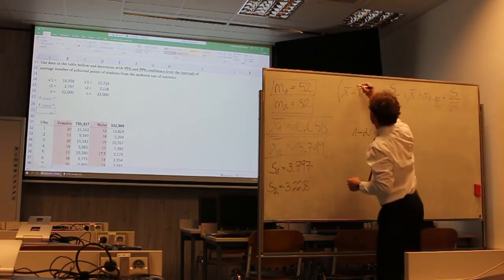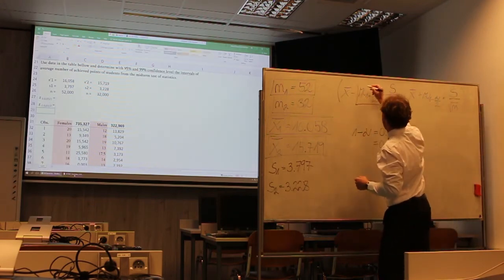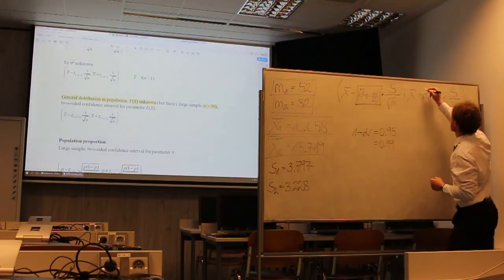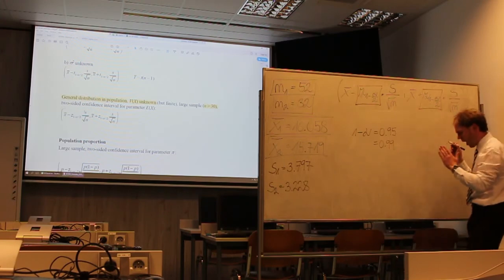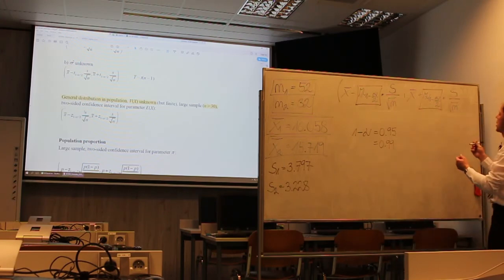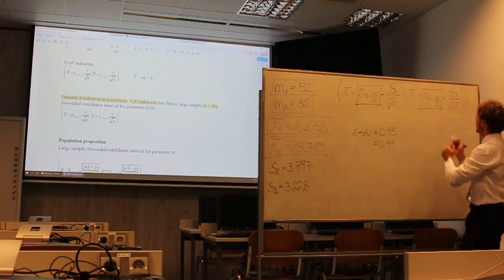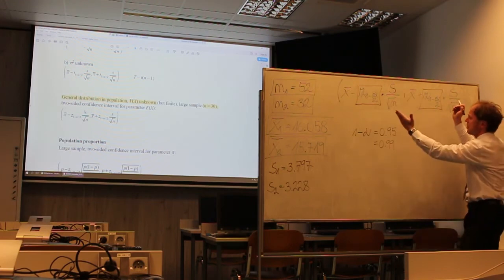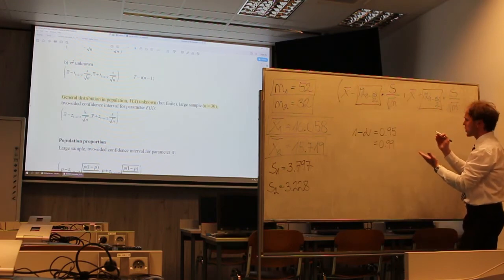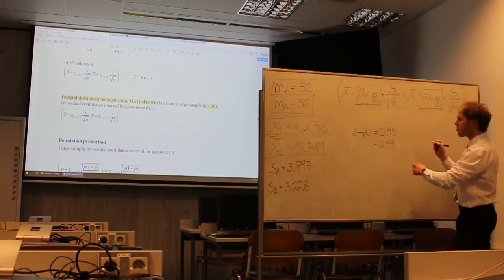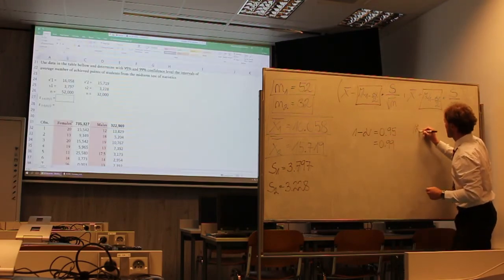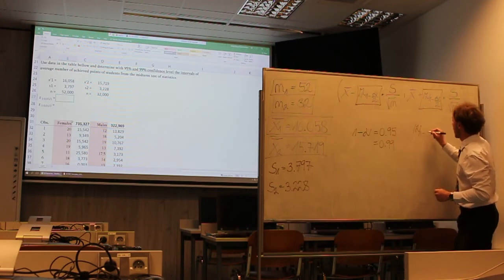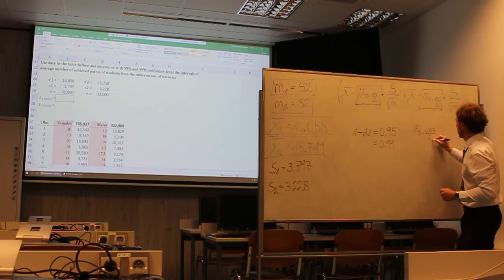So you can see we are using quantiles of the standard normal distribution. Because this is a two-sided interval, there is alpha divided by 2. We must split this alpha. In the first case, 95%, we will use quantile Z, 1 minus 0.05 divided by 2.